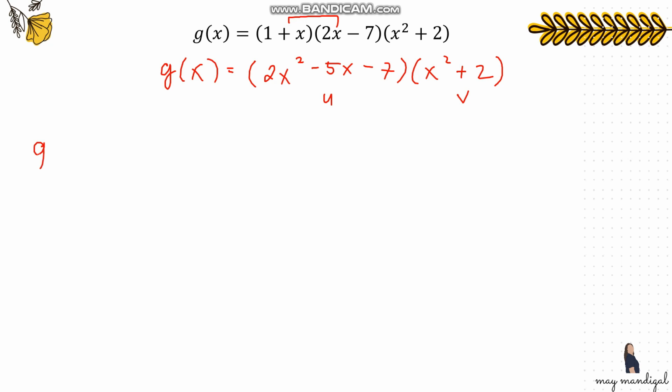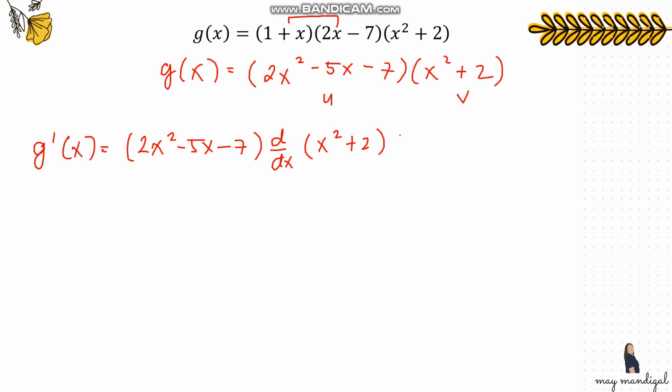So from there, we can now apply our product rule. So u, 2x squared minus 5x minus 7, dv, derivative of v, which is x squared plus 2, plus v, x squared plus 2, times the derivative of our u, which is 2x squared minus 5x minus 7.